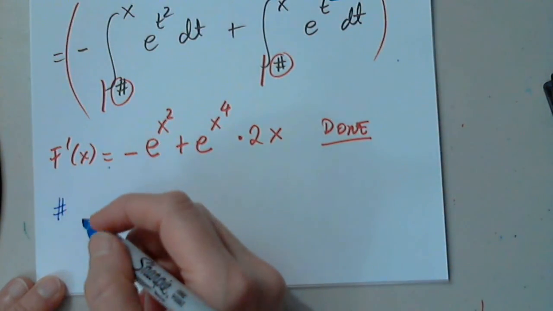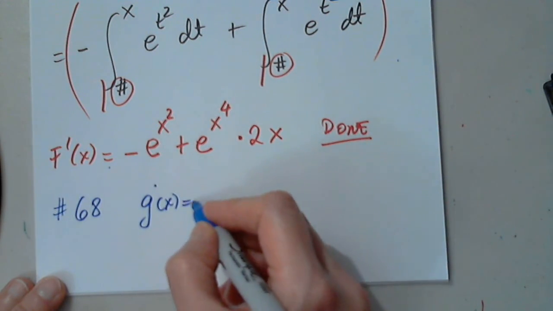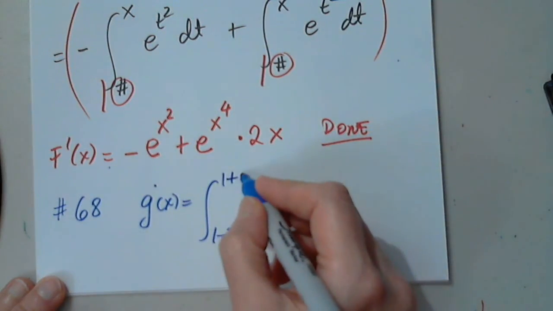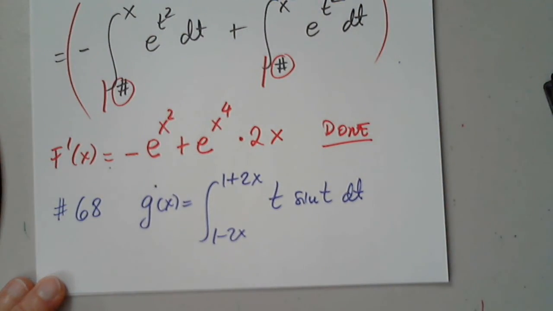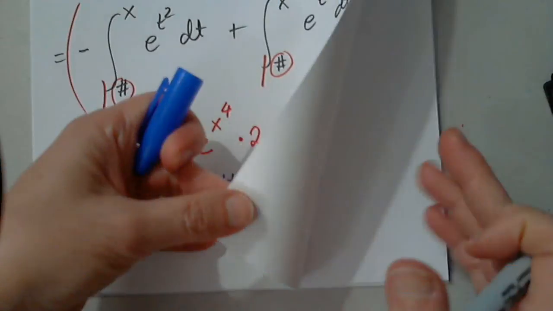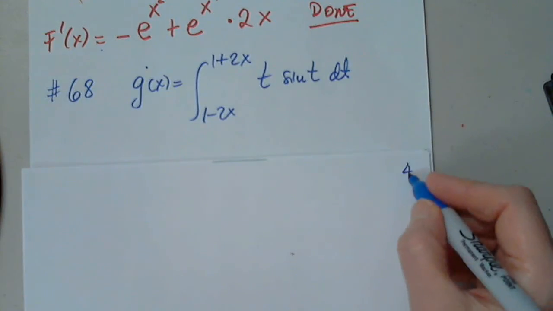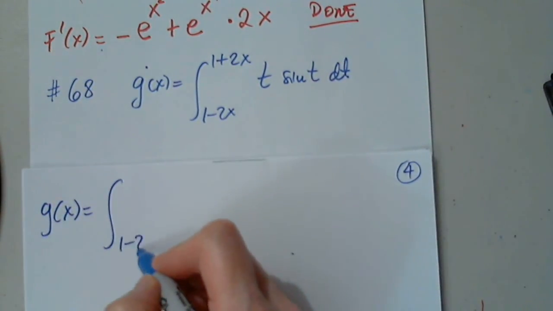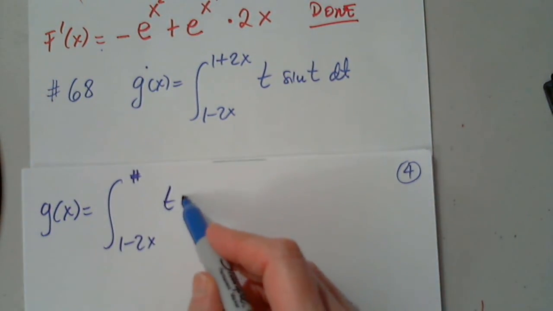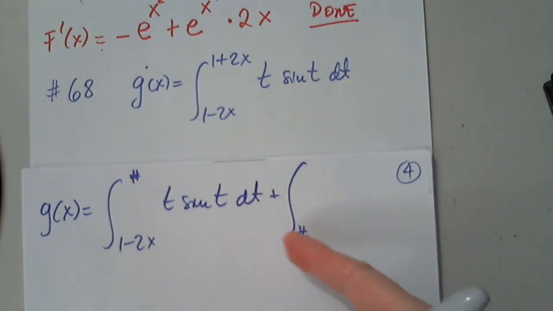Does 68 work? Absolutely. 68 is g of x is the integral from 1 minus 2x to 1 plus 2x of t sine t dt. Perfect. Like before, this function is not ready for differentiation. So I have to write the integral from 1 minus 2x to whatever of t sine t dt plus the integral from the same thing. It has to be the same.